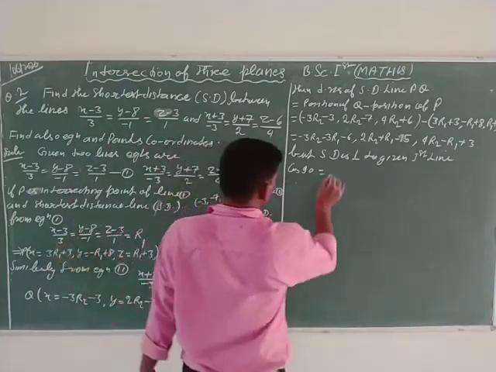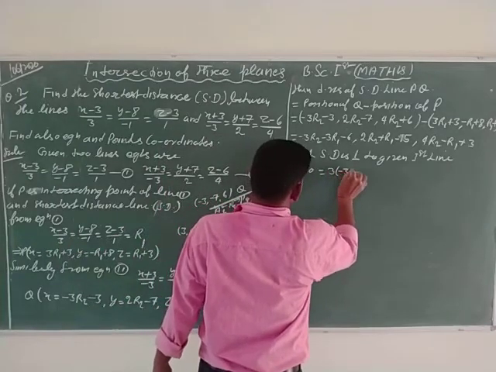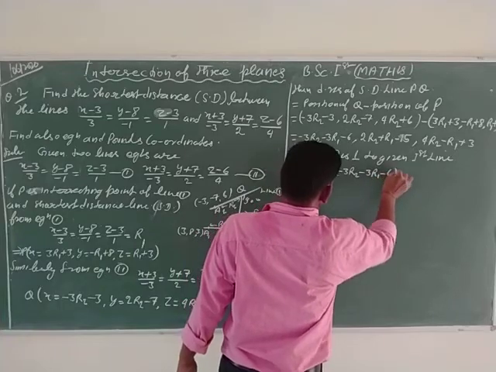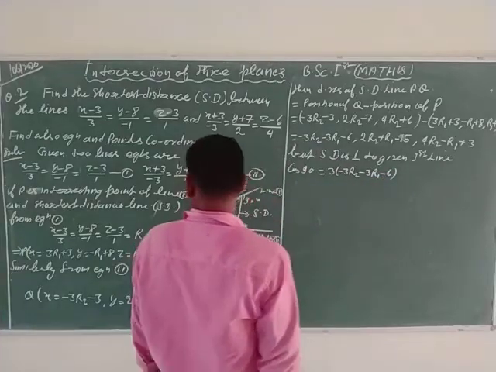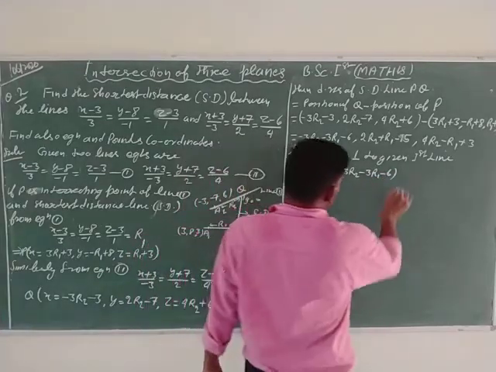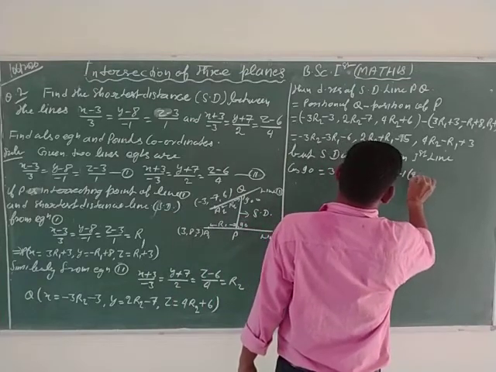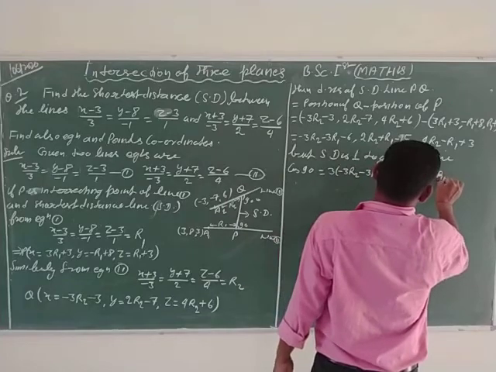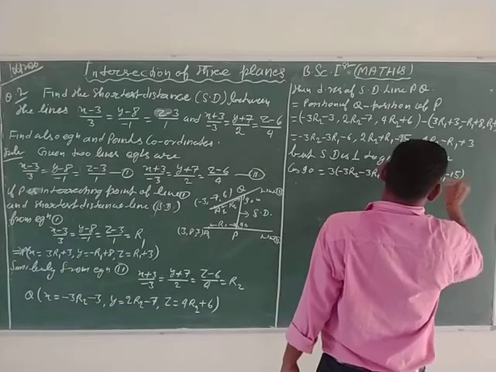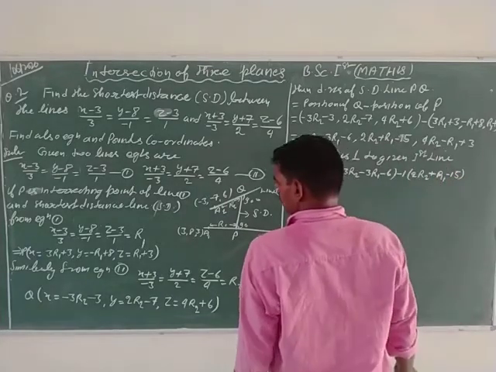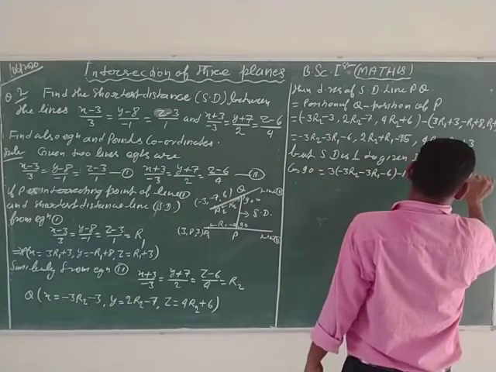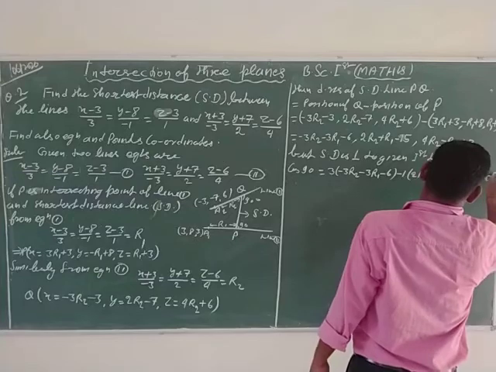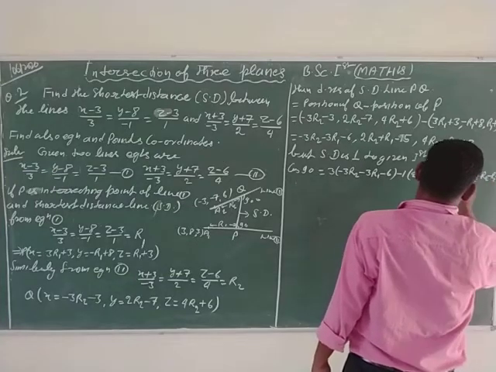So cos 90 is equal to 3 into minus 3 R2 minus 3 R1 minus 6, minus 1 into 2 R2 plus R1 minus 15, and at last 1 into 4 R2 minus R1 plus 3.